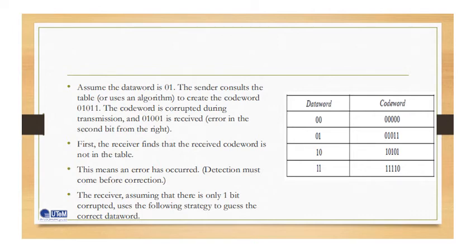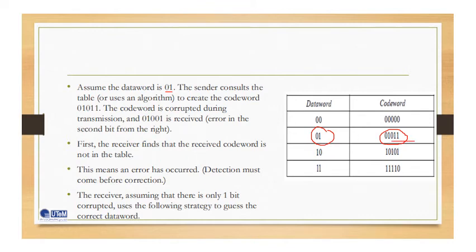Assume that the data word is 01, similar to the previous example. The sender consults the table to create the code word. So we have a bit longer code word with 3 redundant bits.